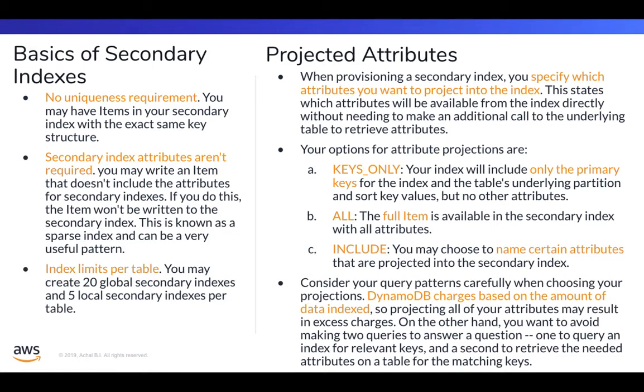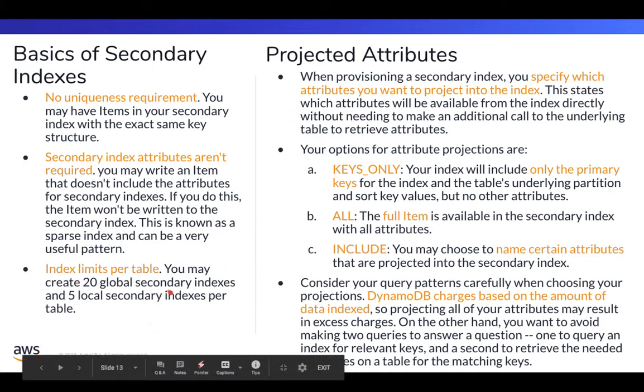So if you have 5 rows, and you have selected, let's say, address as a secondary index, and address might not be part of all the 5 items, you can still promote it as a secondary index.